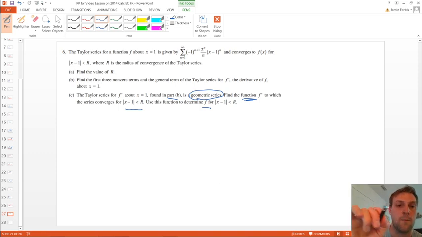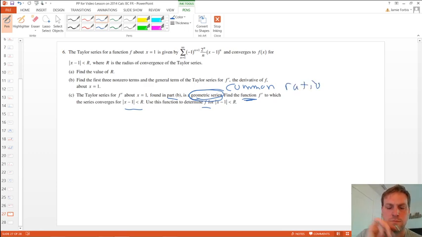Now, if we have a geometric series, that means that our pattern has a common ratio. That's the first thing that we need to note. And also, if we have an infinite geometric series that converges, and I want to represent f prime of x as an actual function, we have a way to do that.